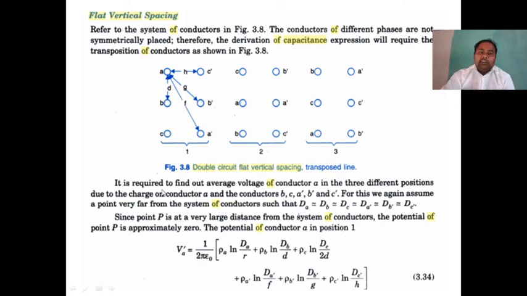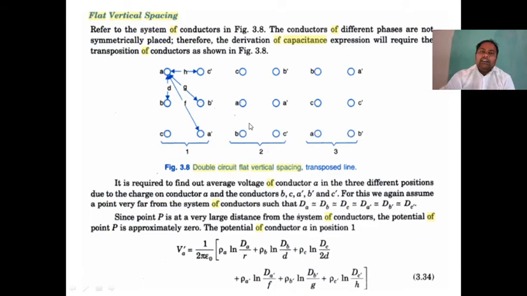It is required to find the average voltage of conductor A in 3 different positions due to the charge on conductor A and the conductors B, C, A dash, B dash and C dash. For this, we again assume a point very far from the system of conductors such that dA is approximately equal to dB, approximately equal to dC, approximately equal to dA dash, dB dash, dC dash.